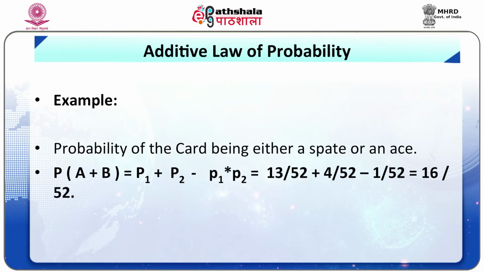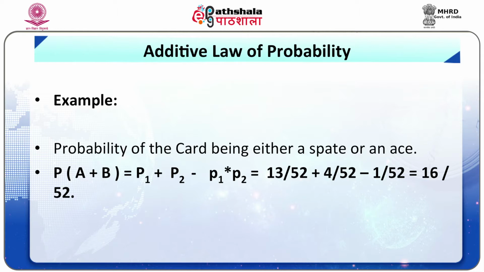The probability of either event occurring would be the probability of the first event plus the probability of the second event minus the probability of their joint occurrence. The probability of the first event is 13 upon 52, the probability of the second is 4 upon 52, and the joint occurrence is 1 upon 52.